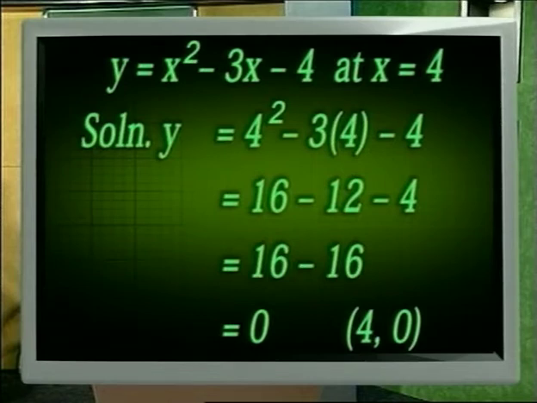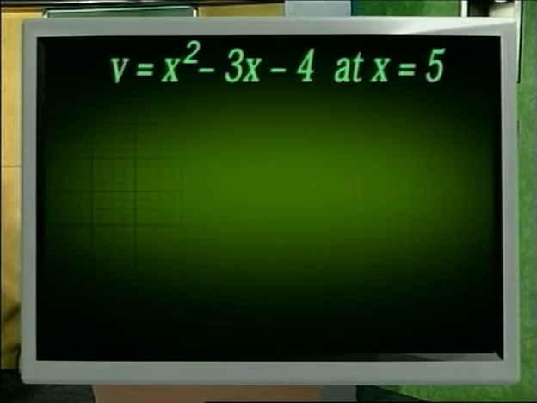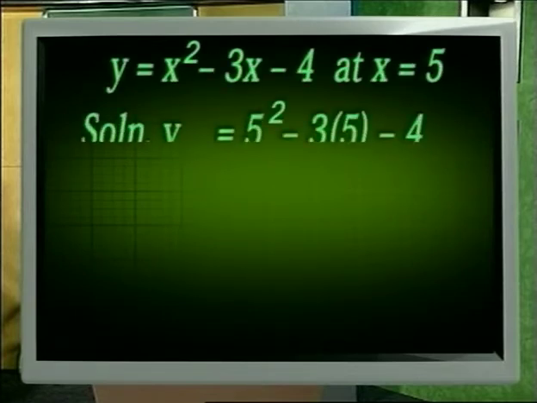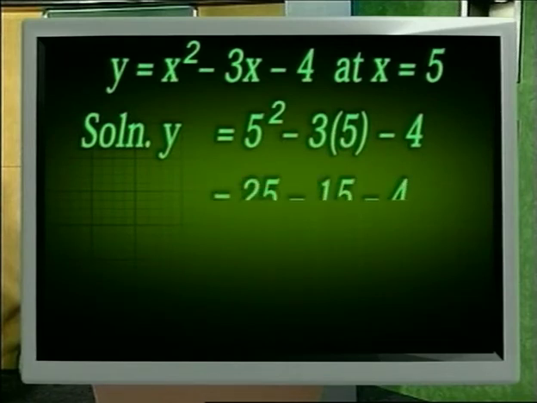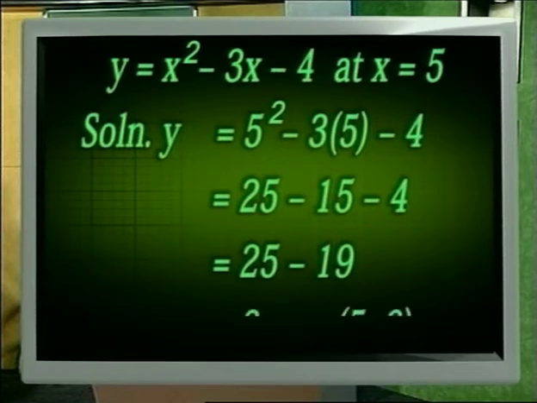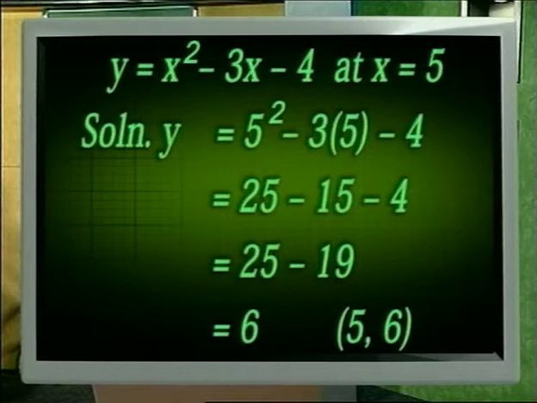So we get one more point, that is 4, 0. Now putting the value of x as 5, again in the equation we get 5 square minus 3 into bracket 5 minus 4, which gives you 25 minus 15 minus 4 equals to 25 minus 19, which gives you 6, and the point is 5, 6.